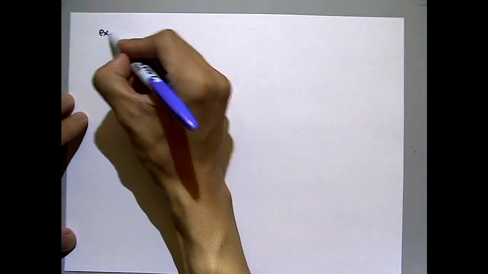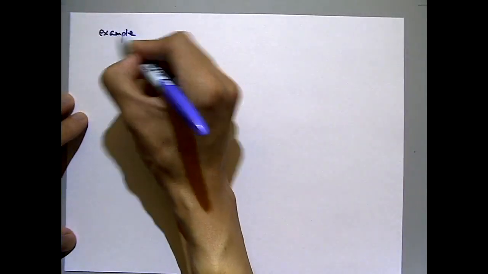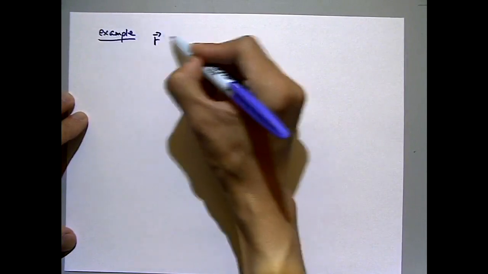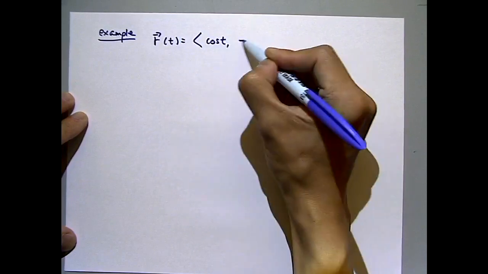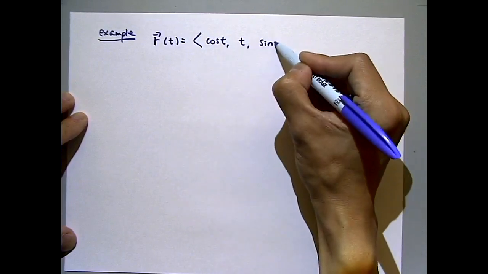All right, so let's finish that with our helix again. Let's find out what the curvature and all that stuff is. The helix is cosine of t, positive t, sine of t.